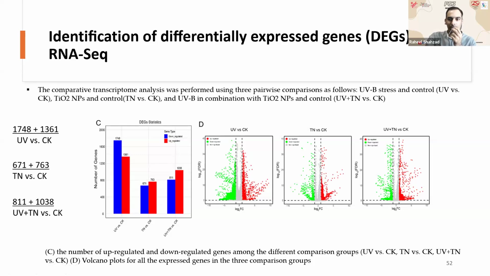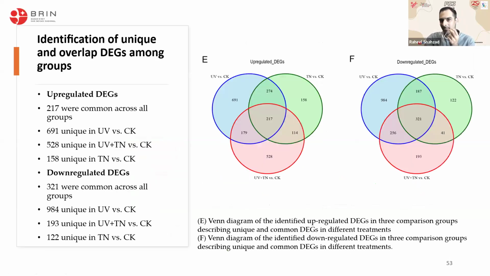But the interesting part is to go deeper into this to find the candidate genes, which we have done at some level. For example, we found 691 unique DEGs in the UV versus control, in the upregulated genes, while 321 were common across all groups.